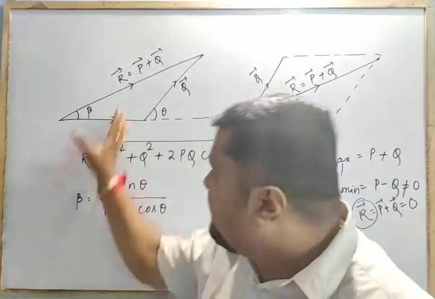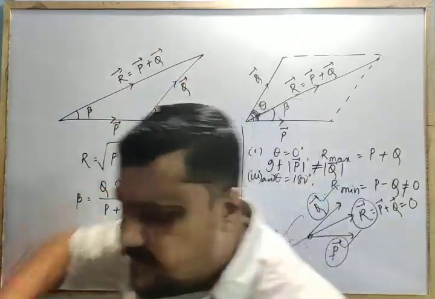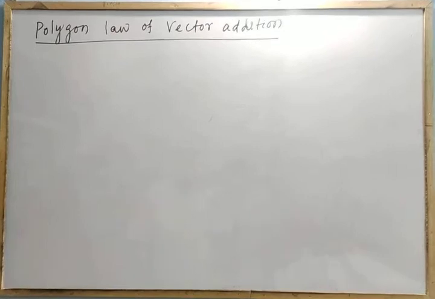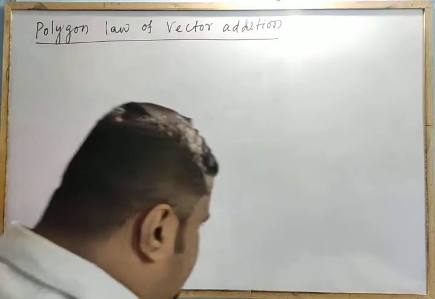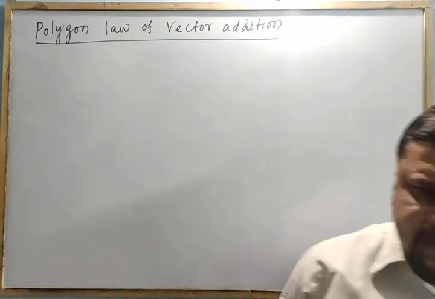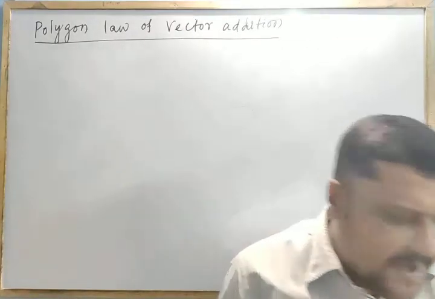Clear? Now let me erase this one. Let me write the polygon law of vector addition. This polygon law is used to find the resultant of more than 2 vectors acting on a body.